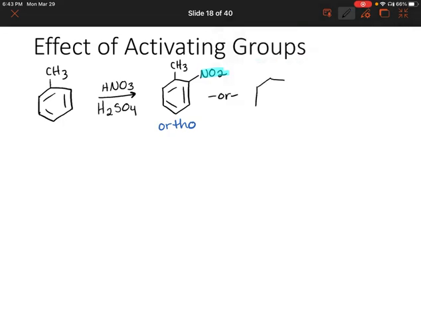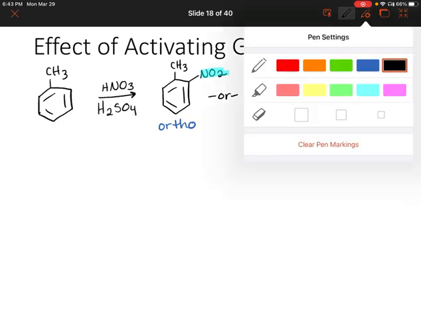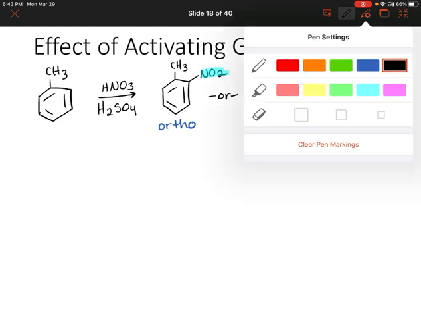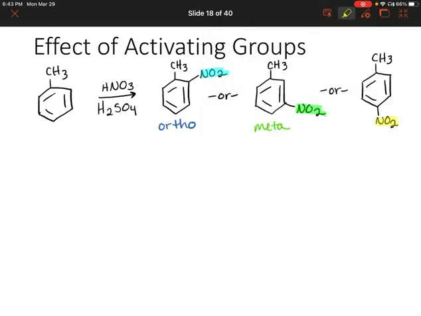Or the nitrate group could add to the meta position, or it could add to the para position, which is right across from that methyl group. All right, so we've got our three different possibilities here.